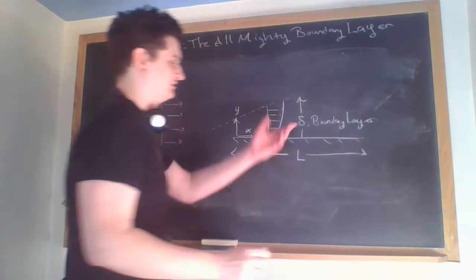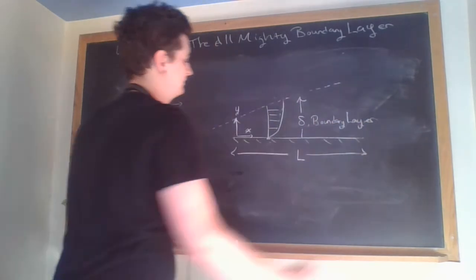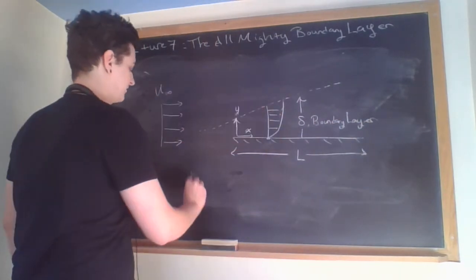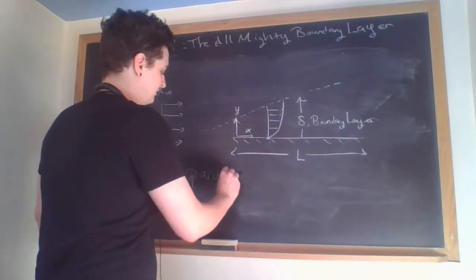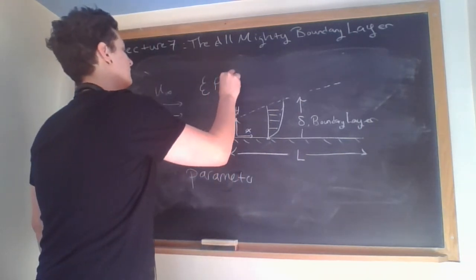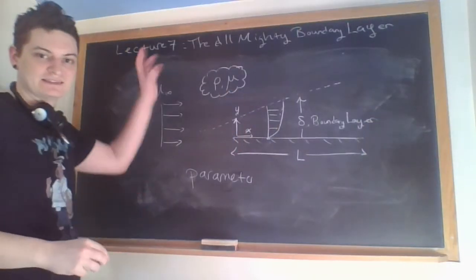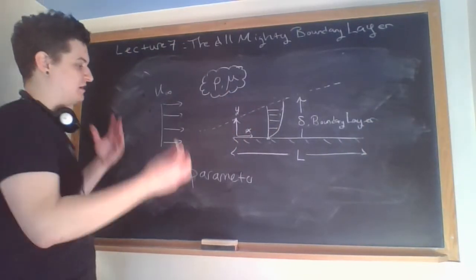It's a unit of meters or centimeters or whatever you want. And then what else do I have? So my parameters here are what? And the fluid flowing itself has a density and a viscosity. So list out your parameters.